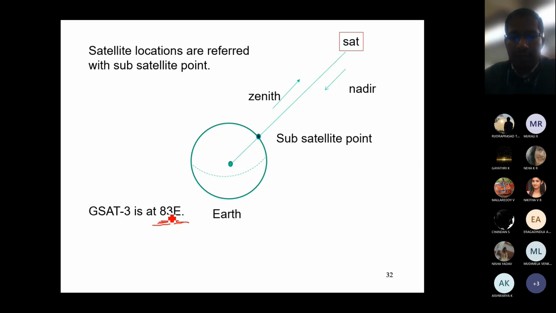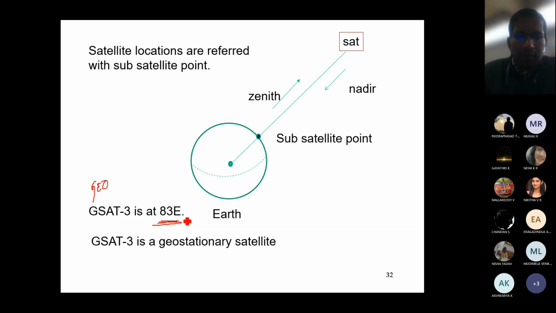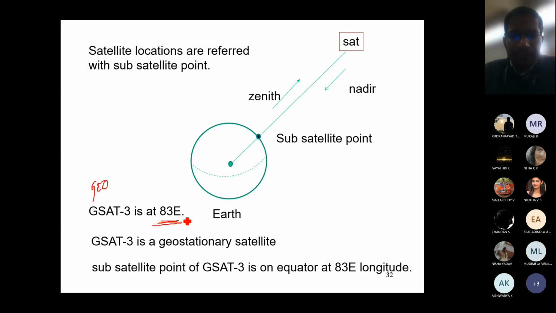In that case, you have to assume that it is a geostationary satellite, a GEO satellite. So by default, the latitude of this satellite is 0° latitude, and the longitude is given as 83° east. Hence we discussed that GSAT-3 is a geostationary satellite.